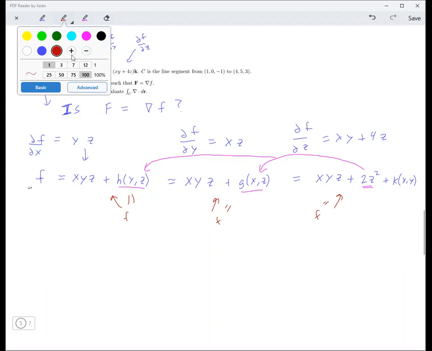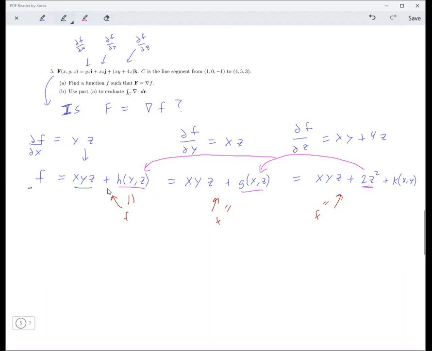Notice that that and that and that are the same. This piece fits in here, and it also fits in there. So our function f of xyz is going to be xyz plus 2z squared.